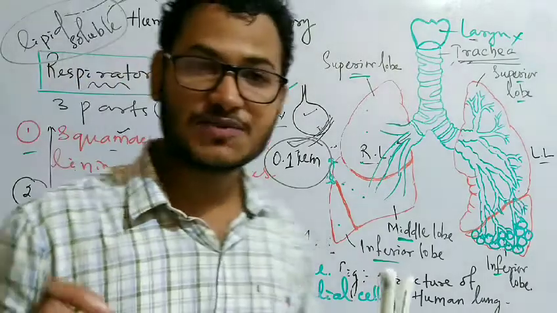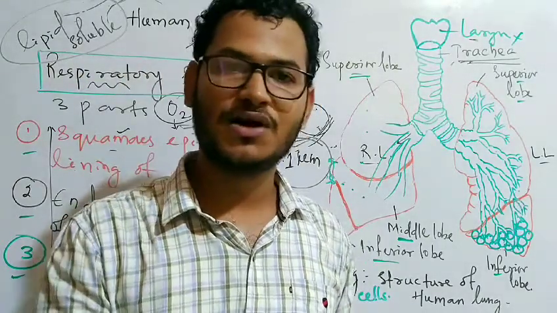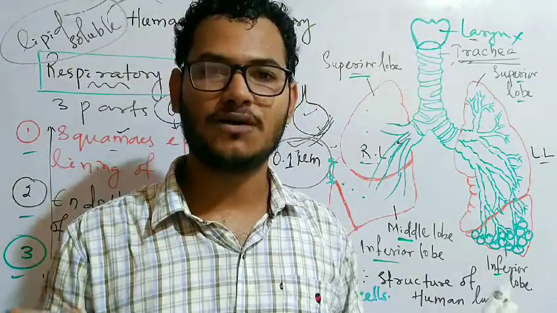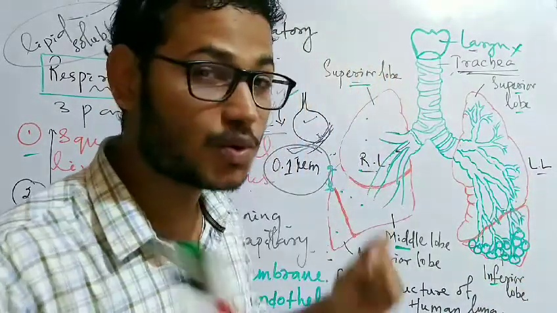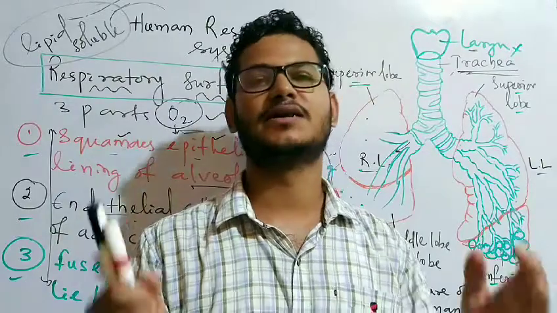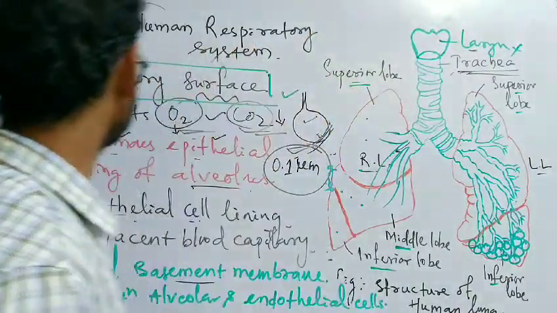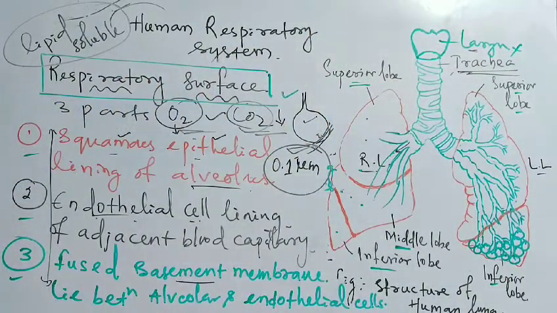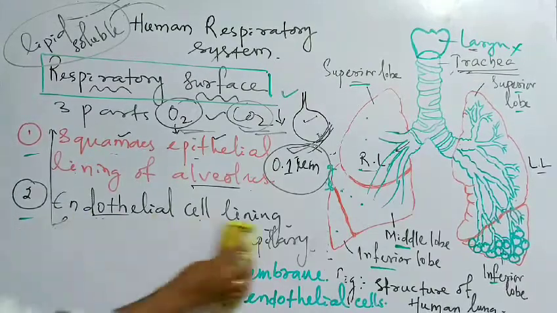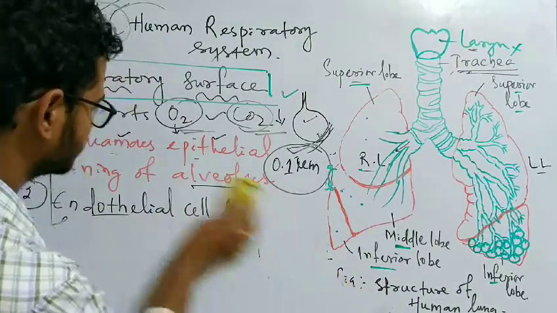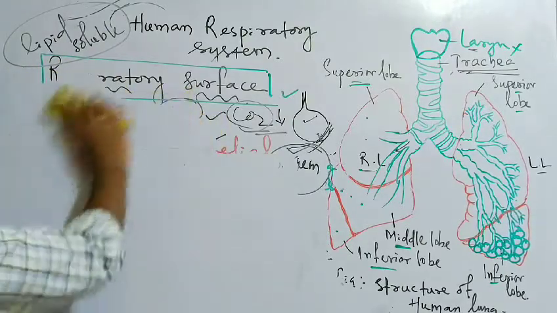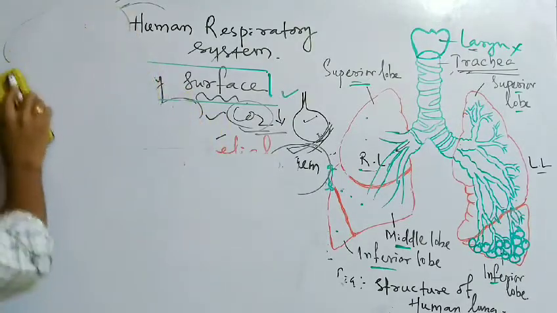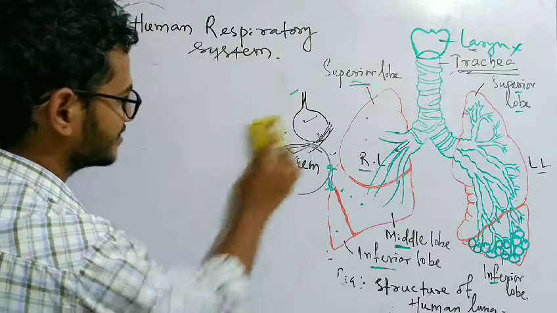So this is all about the respiratory surface. Now let's move on to the structure of lungs. So friends, let's move on to the most important part of the respiratory system, that is the lungs. So this is all about your respiratory surface, the three parts of the respiratory surface: how the distance is minimized, how oxygen and carbon dioxide are lipid soluble.